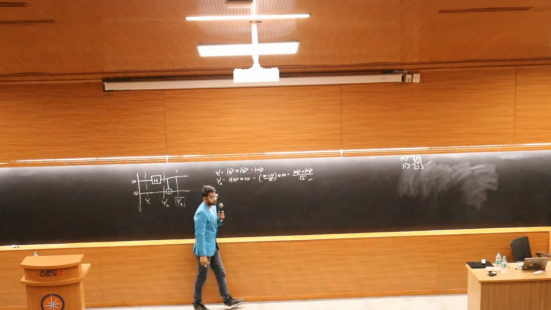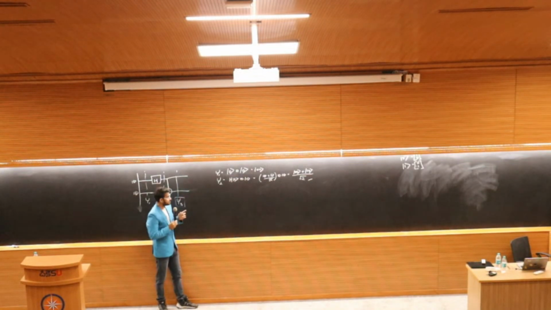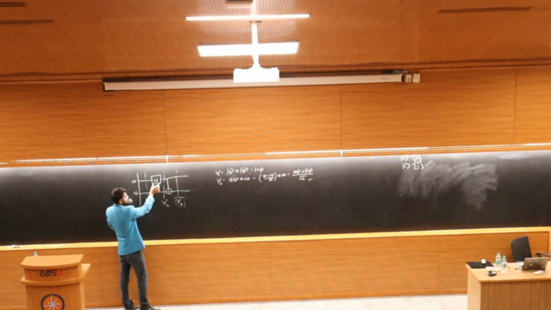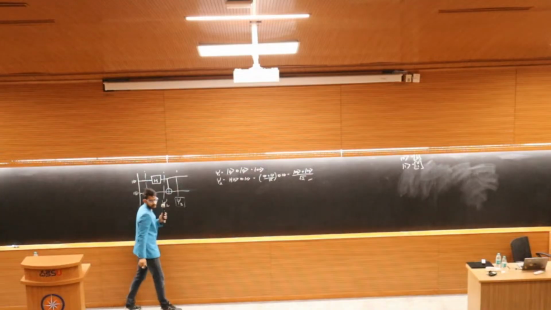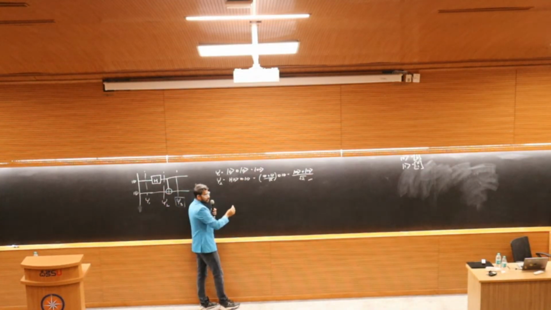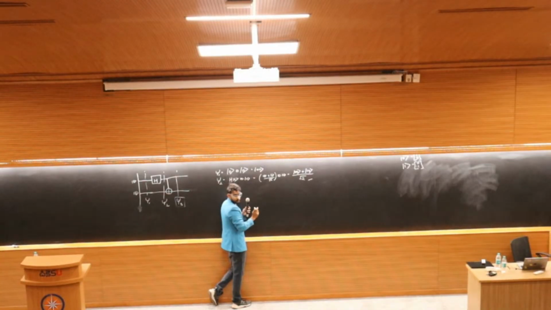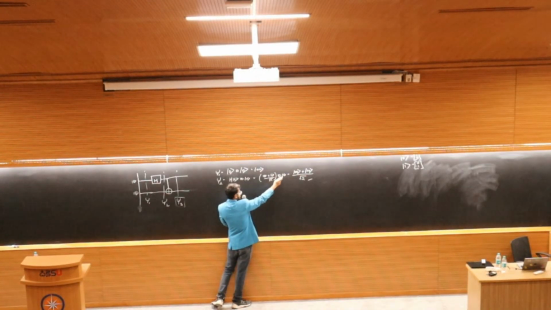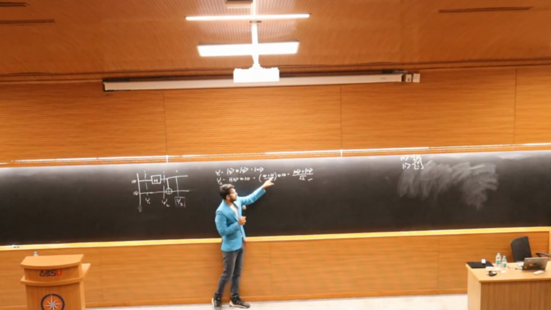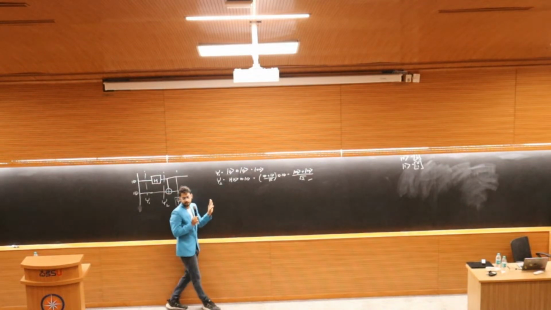So this is my psi2. Let me repeat what I have done. Between psi1 and psi2, I used a Hadamard gate on the first qubit, so H on 0 cross 0. The second qubit I have not changed. The first qubit changes 0 to 0 plus 1 by root 2, and 0 stays as it is, and then we multiply. So it will be 0 0 plus 1 0 by root 2. Any doubts here?